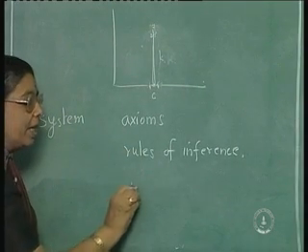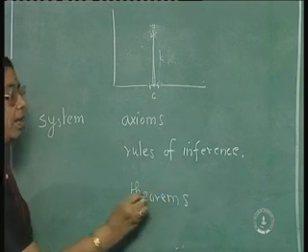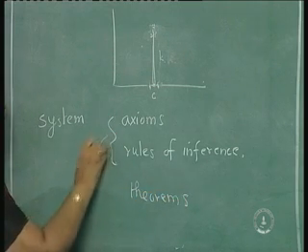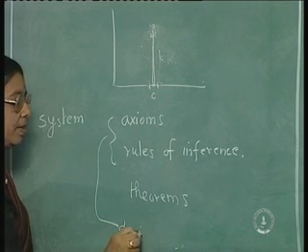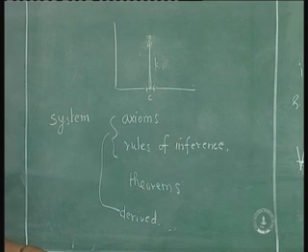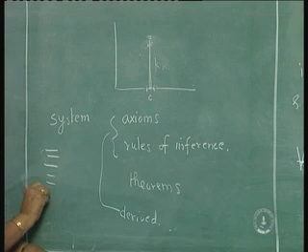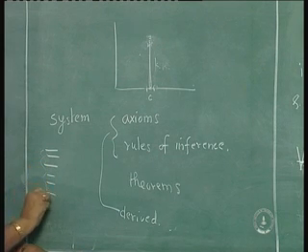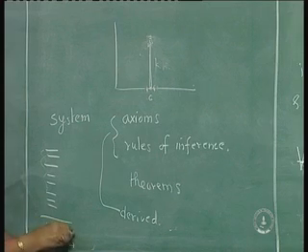They are called theorems. Theorems are derived from axioms by making use of rules of inference. So, start from axioms, then you will have some more statements, apply rules of inference, and ultimately you will arrive at a conclusion which is called a theorem.